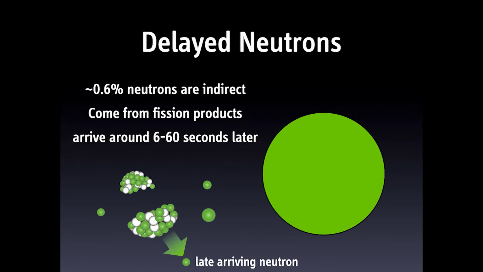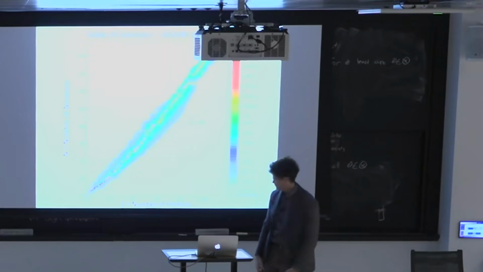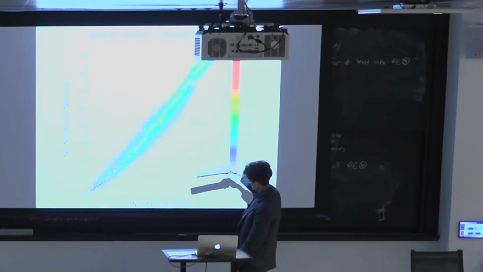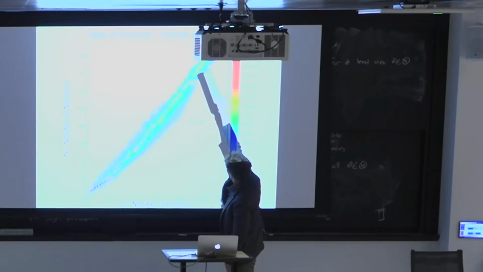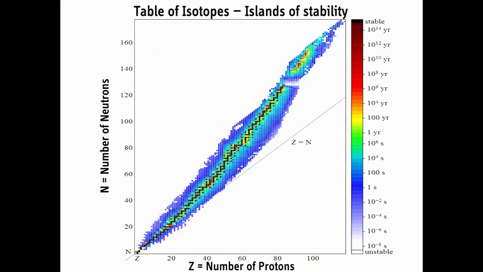And let me actually be a little bit more specific. So let's go back here to the table of isotopes. So we start here. I don't have a laser pointer, but I'll use the shadow of a chalkboard. So we start here around, you know, uranium is right around here. And it's going to split in half. Conservation of mass requires the number of protons and neutrons to be conserved.